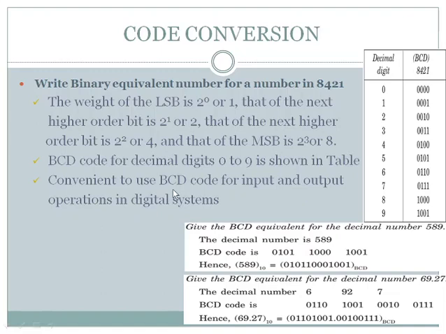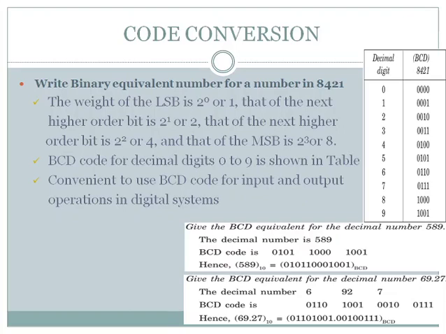Normally this BCD code is useful for input and output operations of digital systems, because humans understand decimal numbers very easily when compared to digital systems.